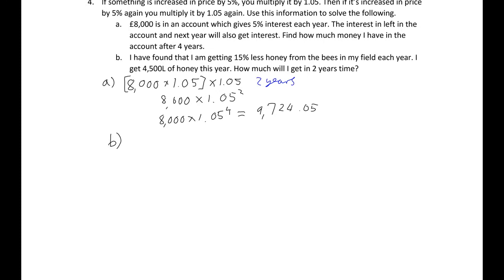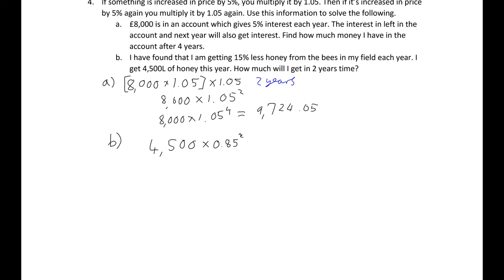Okay, so after 1 year, again, I'm going to have 4,500, and I'm going to times that by, we've got 15% less, so we do 100 minus 15, that's 85% or 0.85. But it's not just after 1 year, it's after 2 years, so we square that.